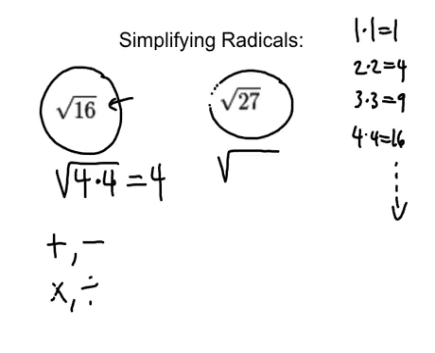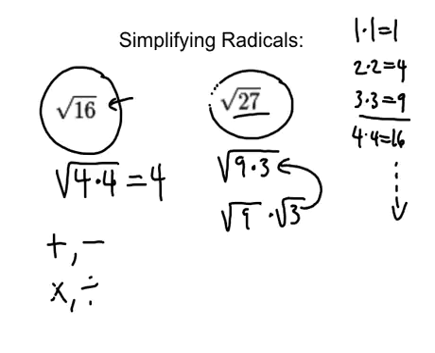So what I want to think to myself is, are there any perfect squares in 27? Essentially, a perfect square times another number that equals 27. I know that 9 times 3 is 27. Well, 9 is a perfect square, so I can use that to help simplify this radical. Now, these two things are the exact same thing. The square root of 9 times the square root of 3 is equal to the square root of 9 times 3, which is equal to the square root of 27.